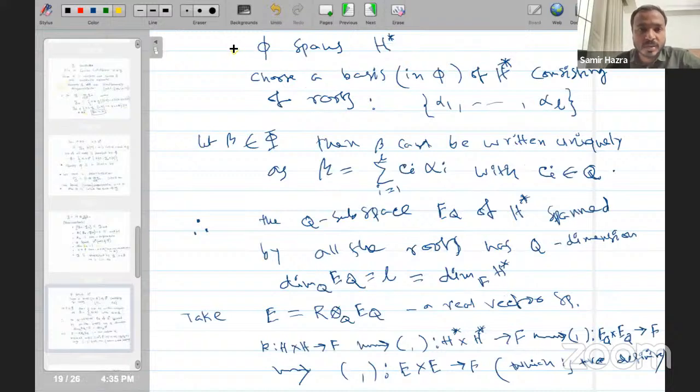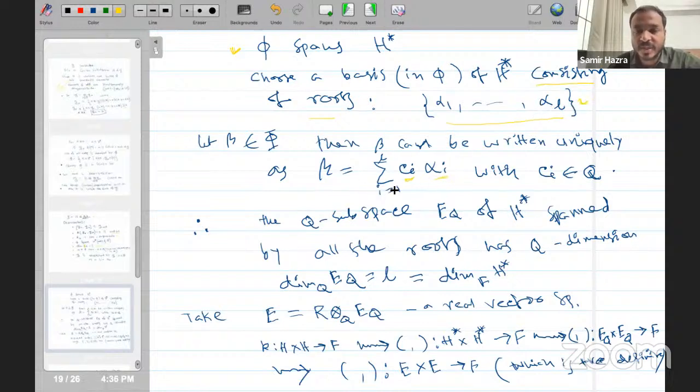So clearly we have mentioned that phi spans H star. So we can choose a basis of H star consisting of roots, right? Call them alpha 1 till alpha L. Now if beta is in phi, so basically beta is a root, then beta can be written uniquely as a linear combination of these roots.